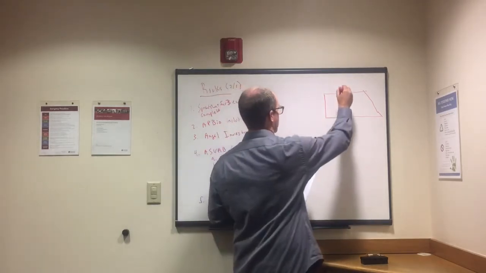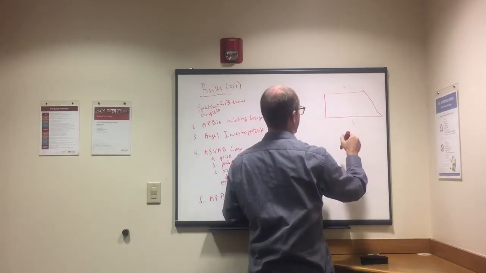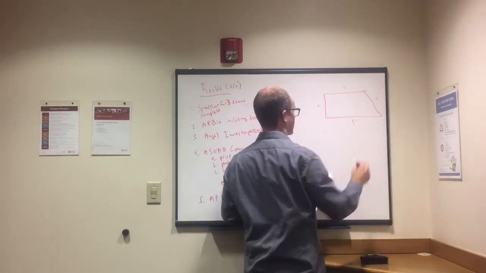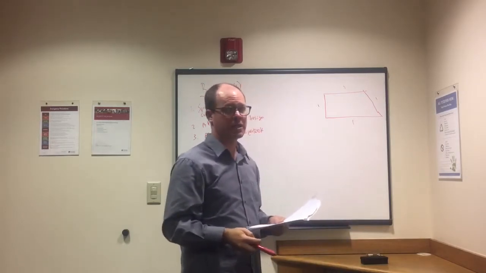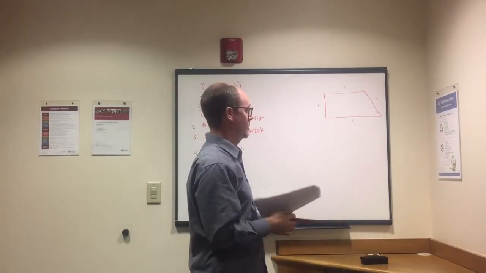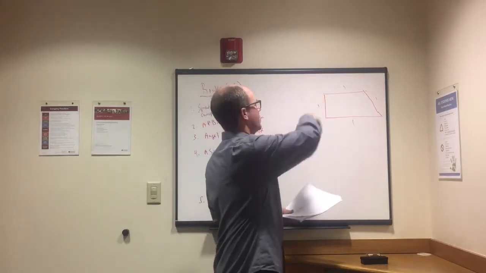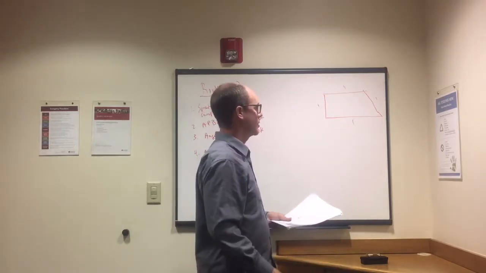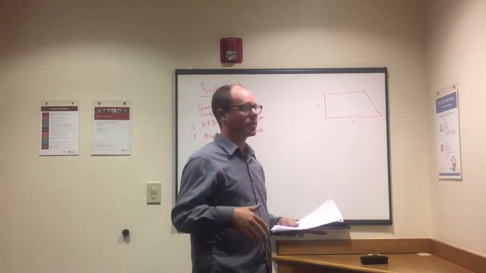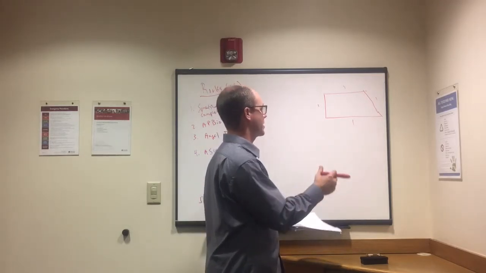So either that and that will be parallel, or that and that will be parallel. If that's specified, then it's a trapezoid. Those are the kind of questions that you'll see. It won't necessarily be solving for what any of this stuff actually equals, but it will say what four-sided figure has at least one pair of parallel sides.